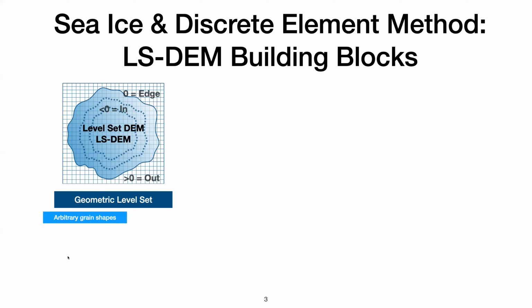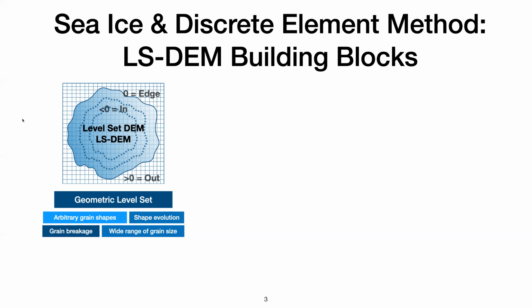They don't even have to be convex shapes. They could be completely concave. And you can also track or modify the evolution of these shapes over time. It is relatively simple to introduce grain breakage, and you can work with a wide range of grain sizes and tune the resolution of this level set field to have a more efficient use of computational resources.